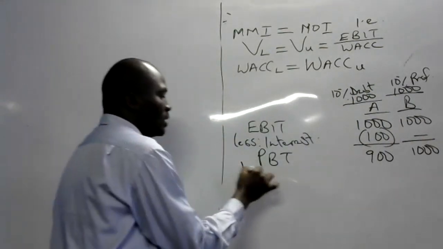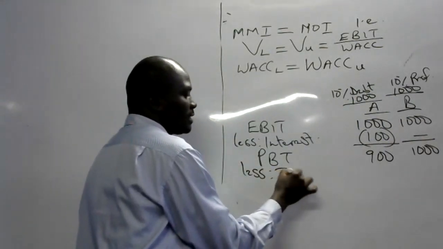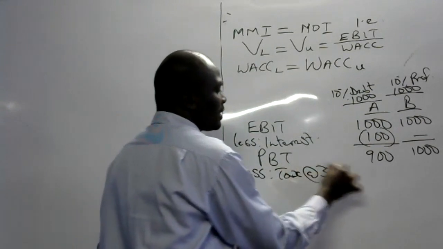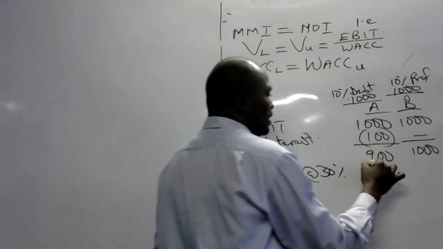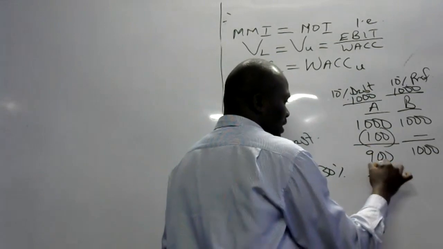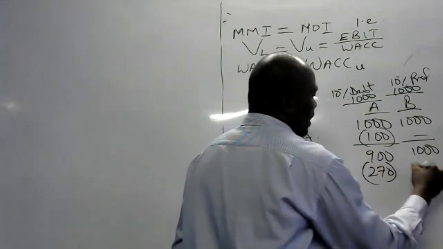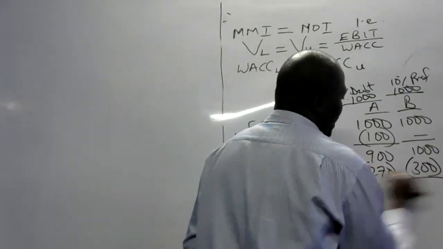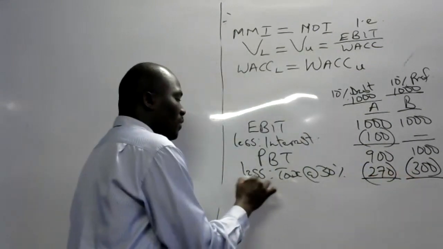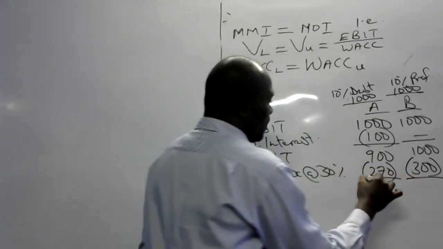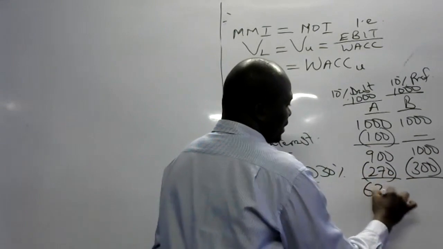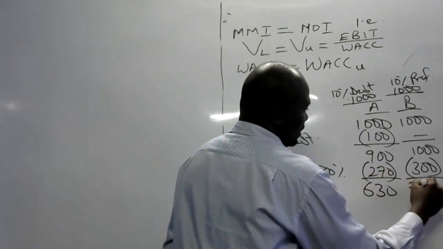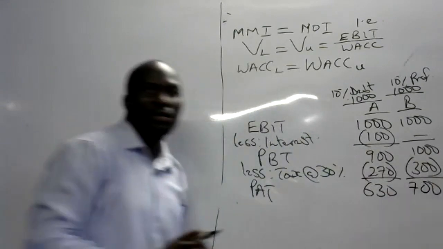We less tax. Tax rate, let's assume 30%. 30% of 900 is 270, and 300 for the other. So we have our profit after tax: 630 and 700.